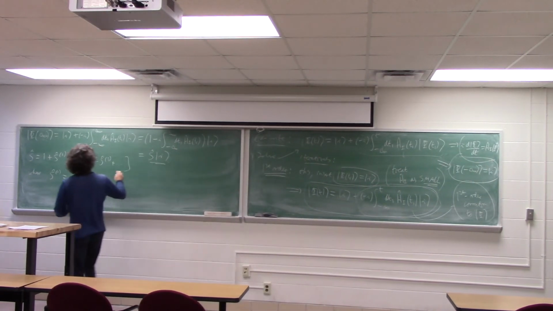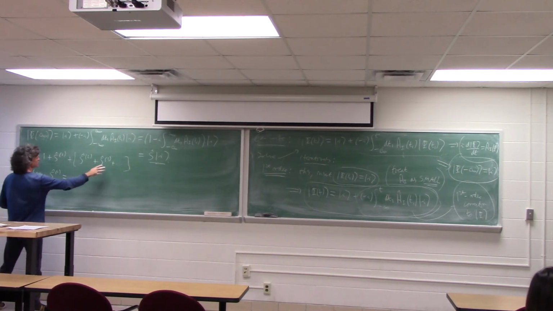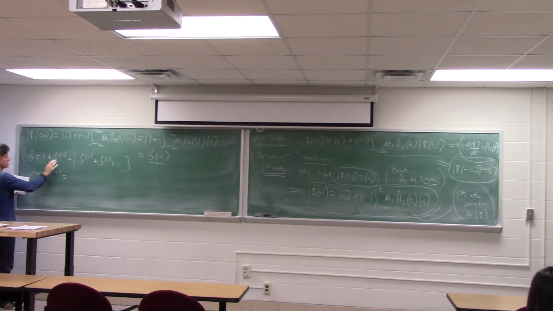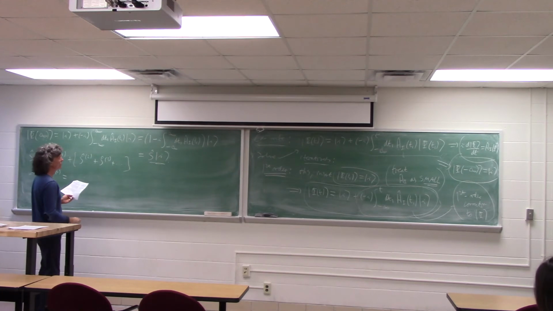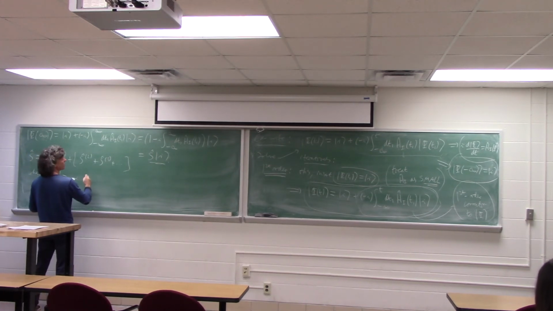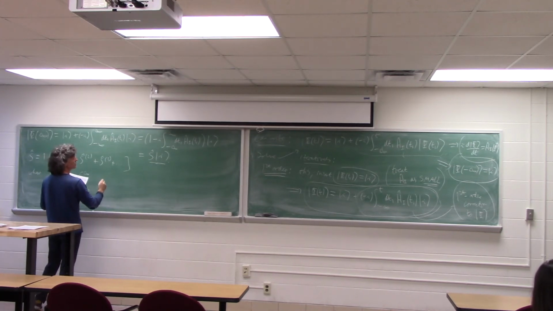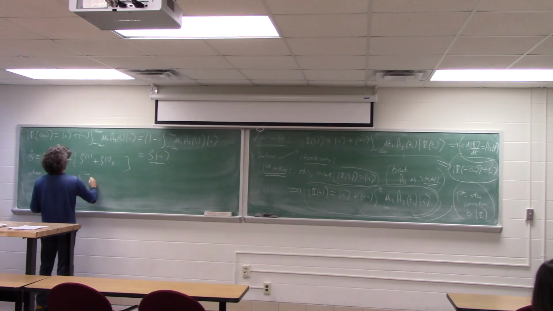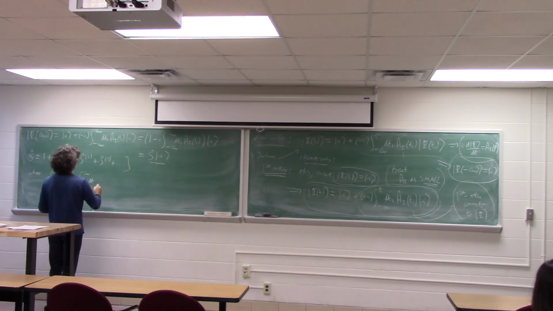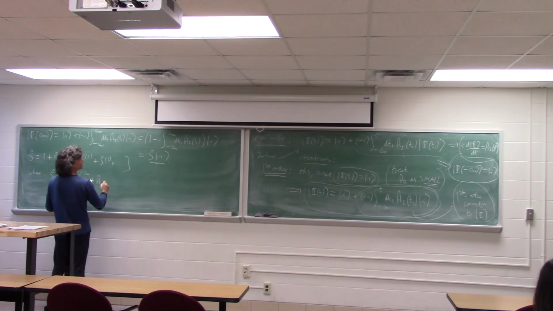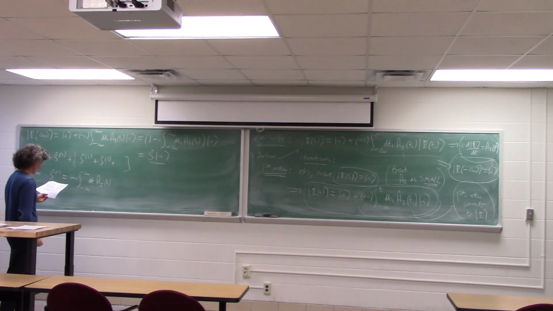So there are extra terms in the expression for S, but we're just working to first order. So our S matrix operator is equal to 1 plus a first order correction, where the first order correction is just this here: minus i integral from minus infinity to infinity dt H_interaction at time t.